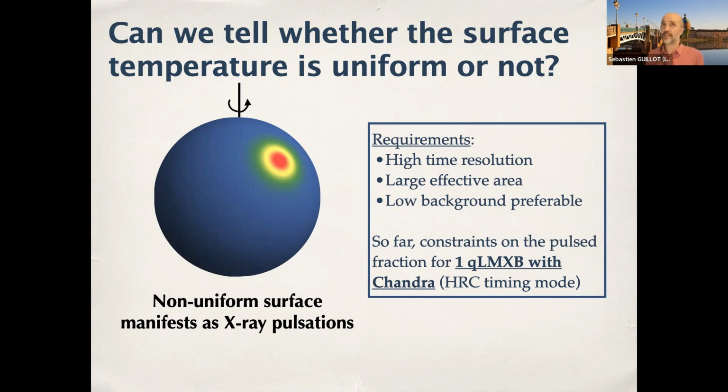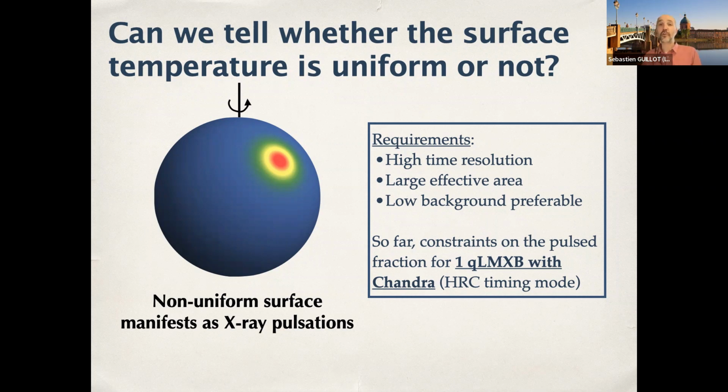You need a large collecting area because you need to collect a lot of photons to do those pulsation searches, and having a low background is also preferable. Like I was saying, Chandra cannot do this in a normal imaging mode, but one globular cluster was observed in timing mode, and it placed an upper limit on the pulse fraction of one quiescent LMXB to around 16%.